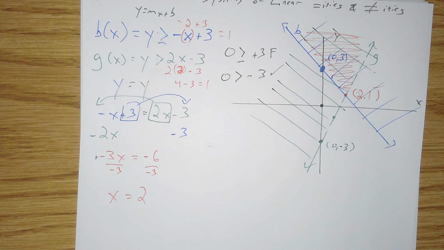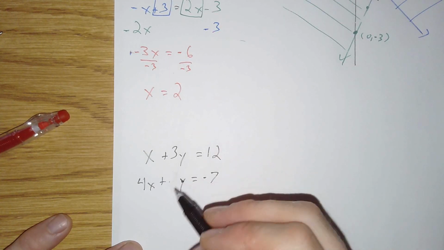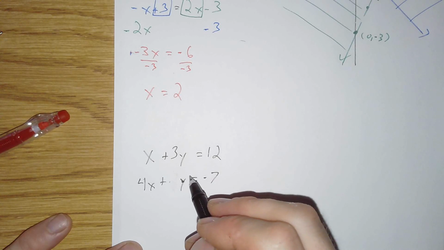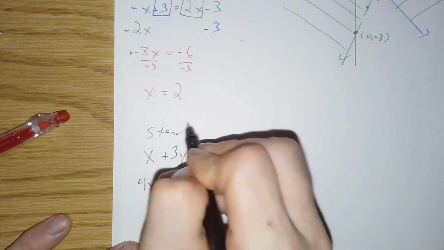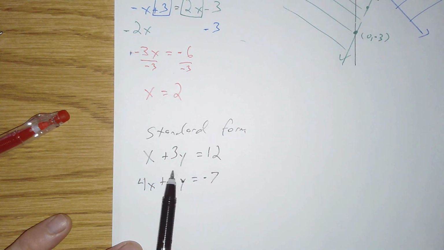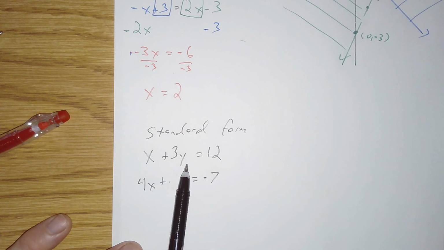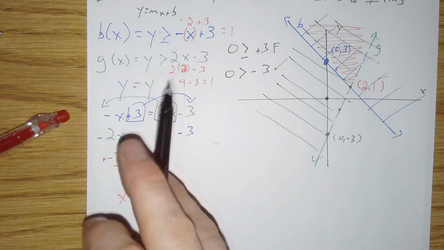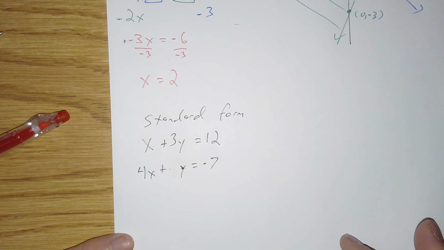Now let me find an example for elimination. All right, so say I have two different linear equations here. These are in standard form. I could take time and rearrange these into slope-intercept form, but it might end up with really complicated, sloppy fraction math, and it's going to take a lot of time.